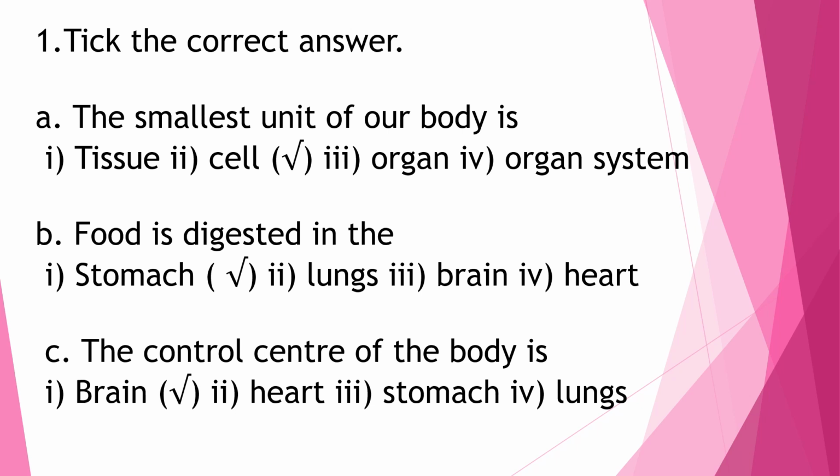The brain is used to think, right? The brain belongs to the nervous system. The brain does a majority of control throughout the body. It is a nervous system organ and uses neurons to communicate. Okay, so the answer to the question, the control center of the body is brain.